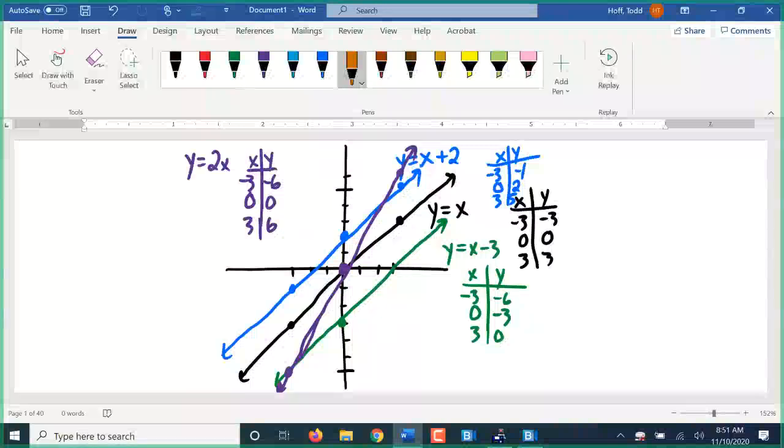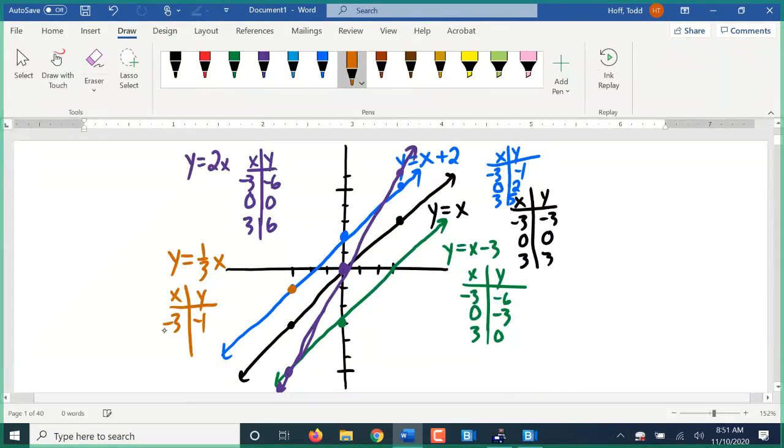Let's try dividing it. And rather than dividing it, I'm going to do this. y equals 1/3 x. Multiplying by 1/3 and dividing by 3 do the same thing. So now if x is -3, 1/3 times -3 is -1. So -3, -1 would be right there.